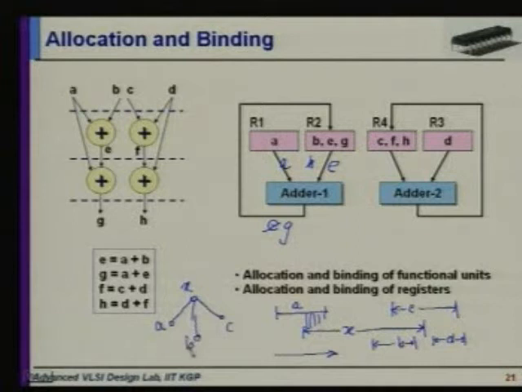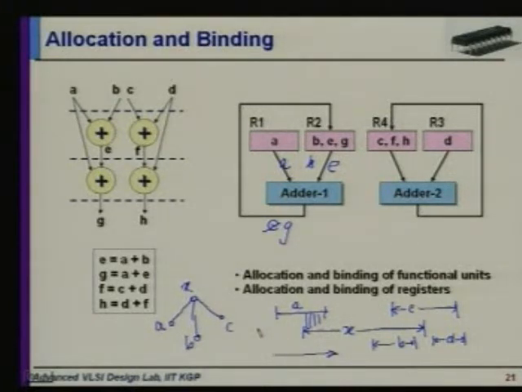So I build a graph like this, and then I color this graph. What is the coloring of a graph? I will add colors to the nodes of the graph in such a way that adjacent vertices never receive the same color. Why should adjacent vertices not receive the same color? Because you cannot use the same register if there is an overlap in their lifetime.